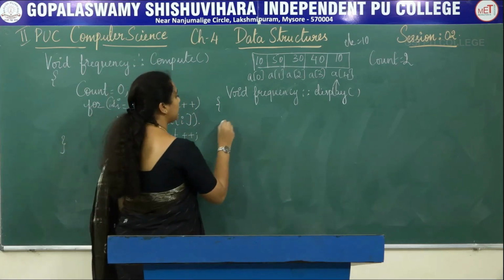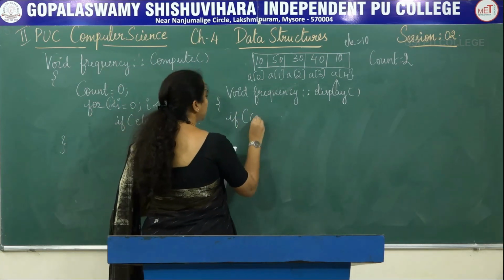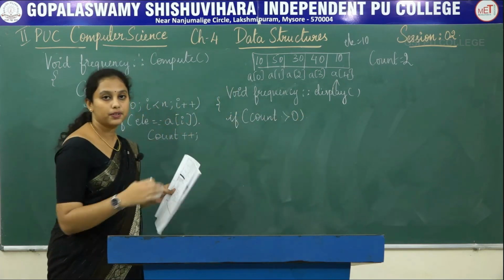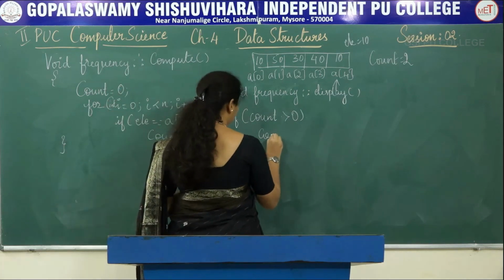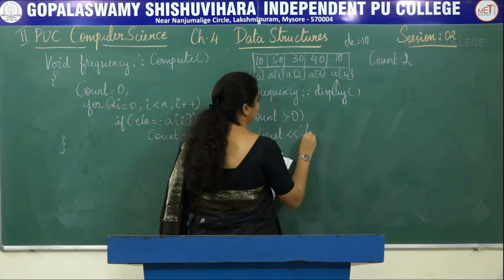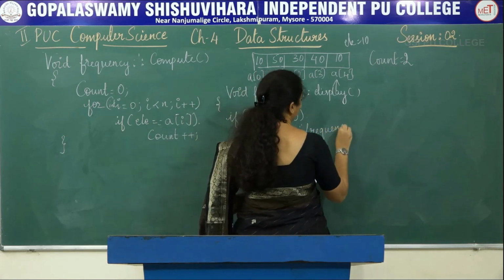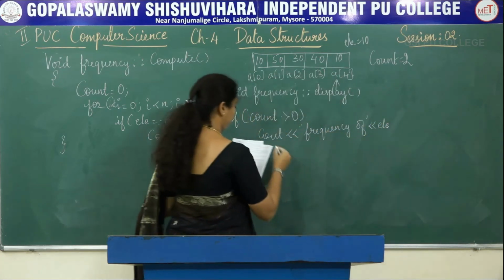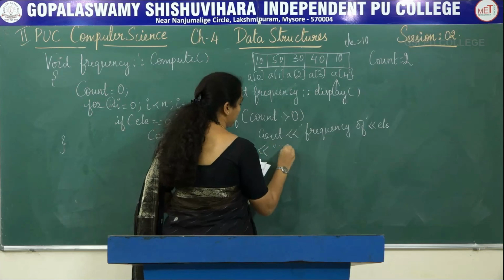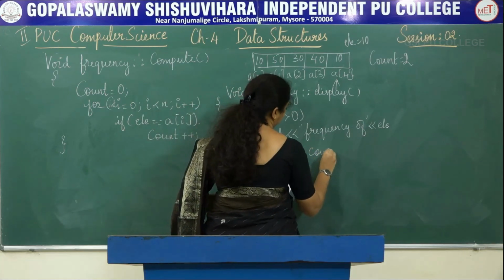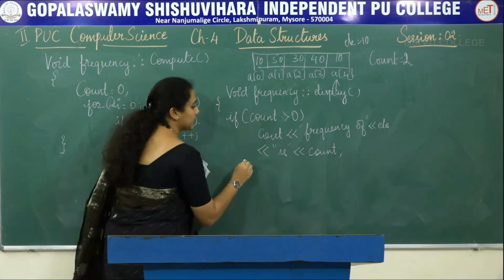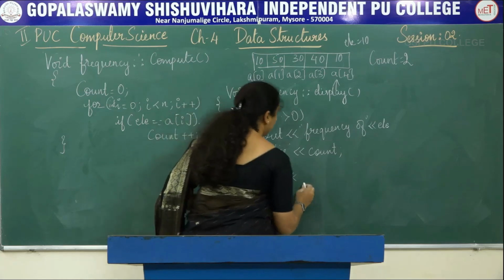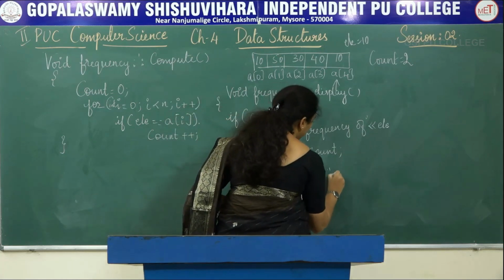If count is greater than 0, we have to print: frequency of element is count, else cout: element is not found.